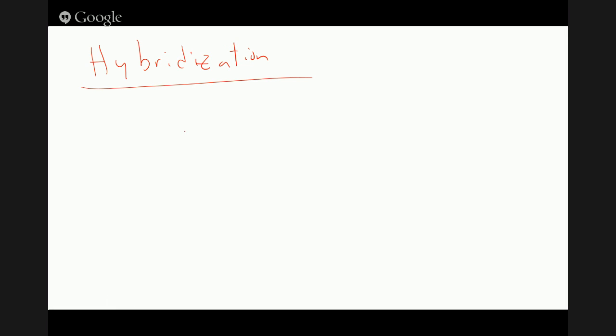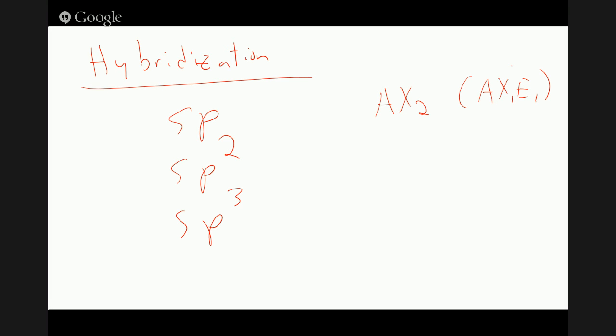There are 3 kinds of hybridization that we are expected to know: sp, sp2, and sp3. sp hybridization will generally be for AX2, or it might be a situation where we have AX1E1, and an example of that would be the nitrogen.